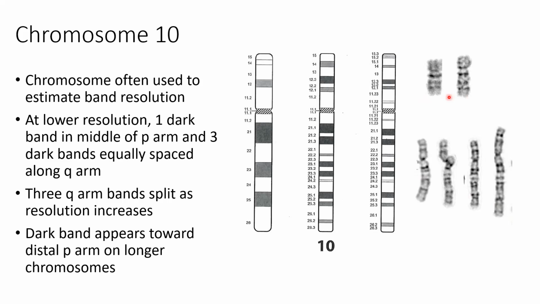And on the shorter 10s, you're not going to see this dark band down here, but that's certainly something on constitutional cases that we need a good look at on the 10s. This is a region that is known to be deleted in some children with dysmorphic features, intellectual disability, et cetera.